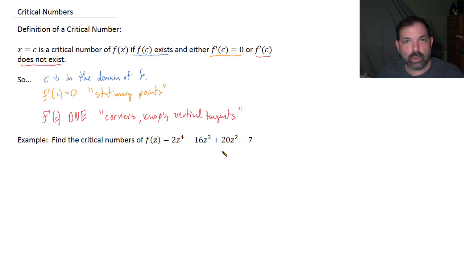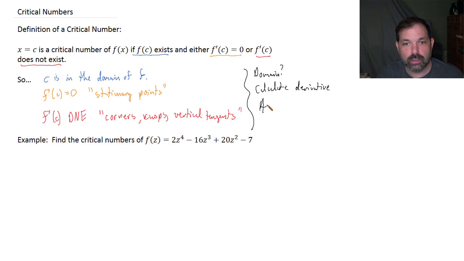But basically, what we're doing here, if we are asked to find a critical number, we think about the domain of the function. Right? We need to know what the domain is. We calculate the derivative. And then we find any places where the derivative equals 0 or the derivative is undefined.